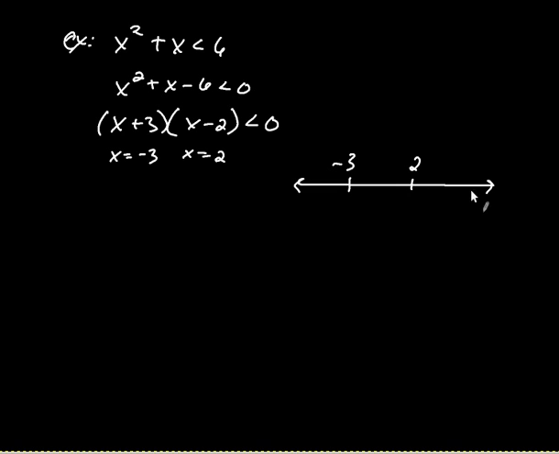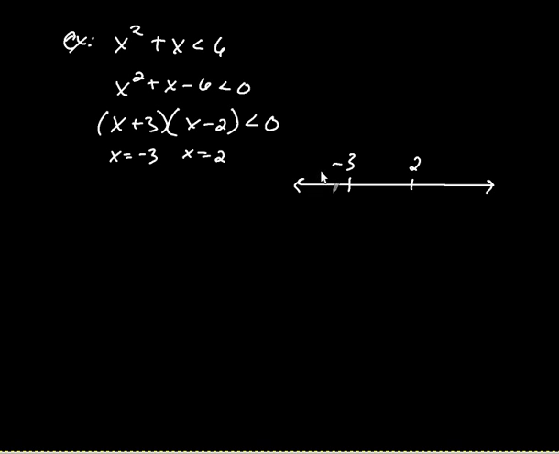The first interval is all the numbers greater than 2. The second interval, everything between negative 3 and 2. And the third interval would be everything less than negative 3. Now what we're going to do is take points in each of these intervals, and one at a time plug them in to both of these factors.